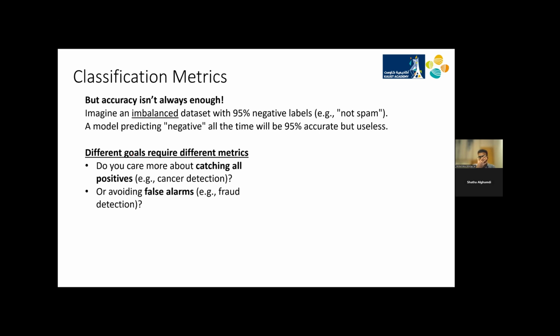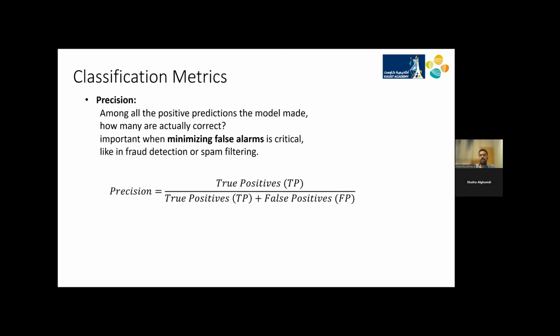To avoid these kinds of things, we measure some other metrics, and two of the most common ones are precision and recall. Precision is the number of correct positive predictions the model makes out of all the positive predictions.